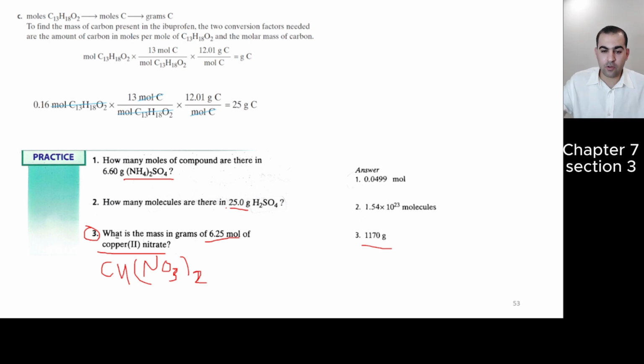So we change 25 grams to moles: 25 grams divided by the molar mass of H2SO4. You find the molar mass of sulfuric acid, and 25 divided by it gives you the moles. That number multiplied by Avogadro's number gives you how many molecules are in 25 grams of sulfuric acid.